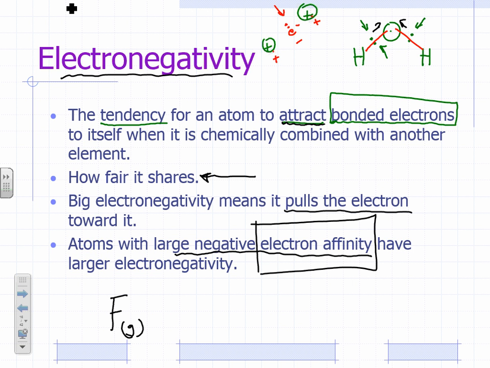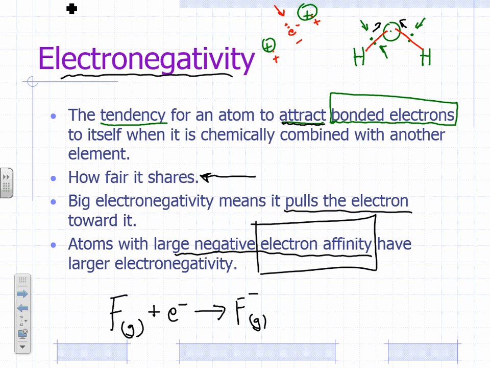So the electron affinity equation for something like fluorine would be very much like the ionization energy equation, but it's the energy involved in gaining an electron. This time, of course, it would form a negative ion. So this is the equation for the electron affinity for fluorine.